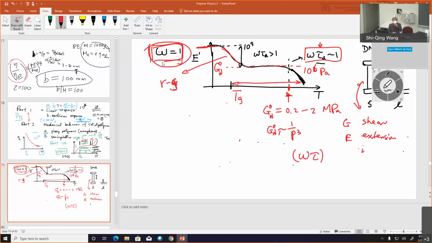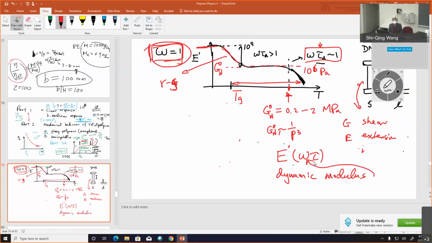So in any case, the behavior of your dynamic modulus is a function of this product, as I write here. Period. You can change this product by changing omega.